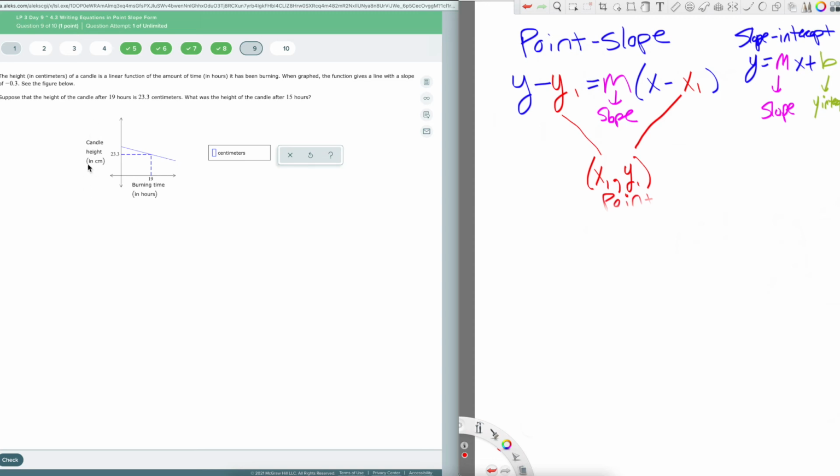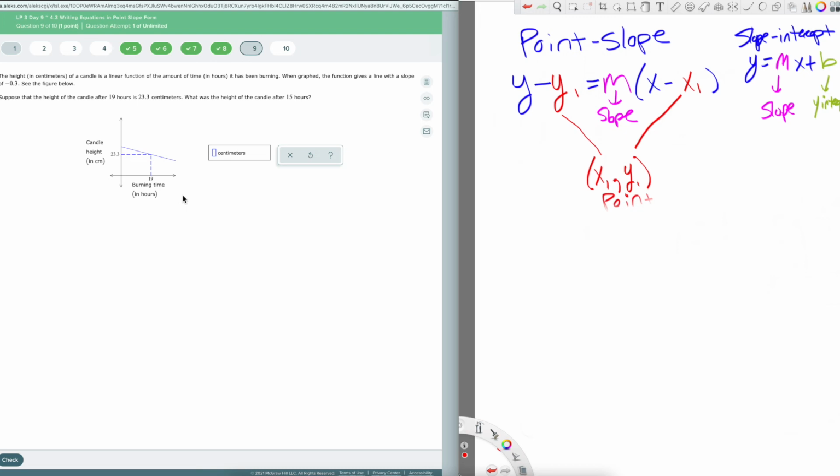But we can also think of which one's dependent and which one's independent. So the independent variable is going to go on the x-axis, and time is independent. Whether or not the candle is burning, time is going to keep moving forward. It does not matter or affect time at all whether or not the candle is lit.